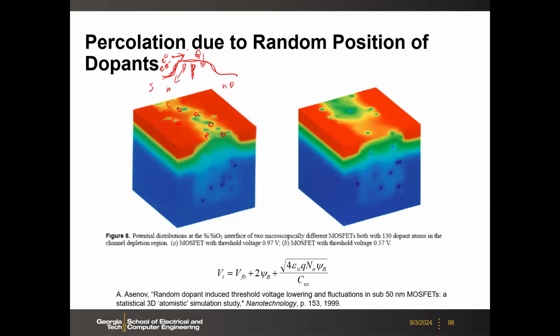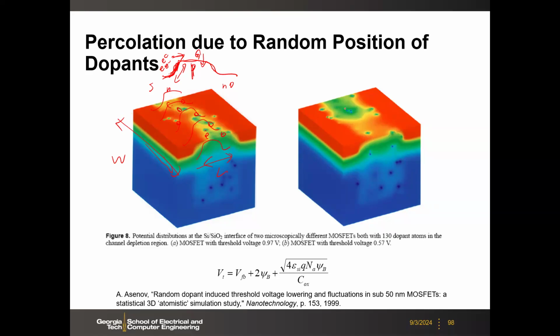So what matters for leakage in the subthreshold region is that you want to maintain this barrier here. This is along the W direction. This is L. If you have dopants everywhere, then you can maintain this barrier across the width direction.